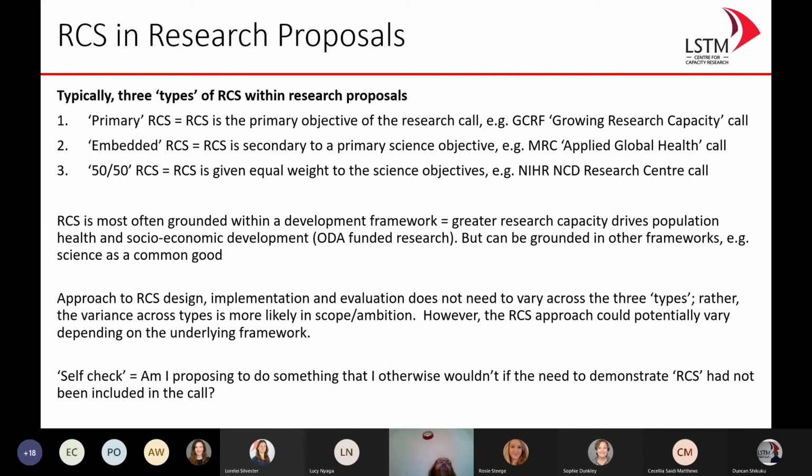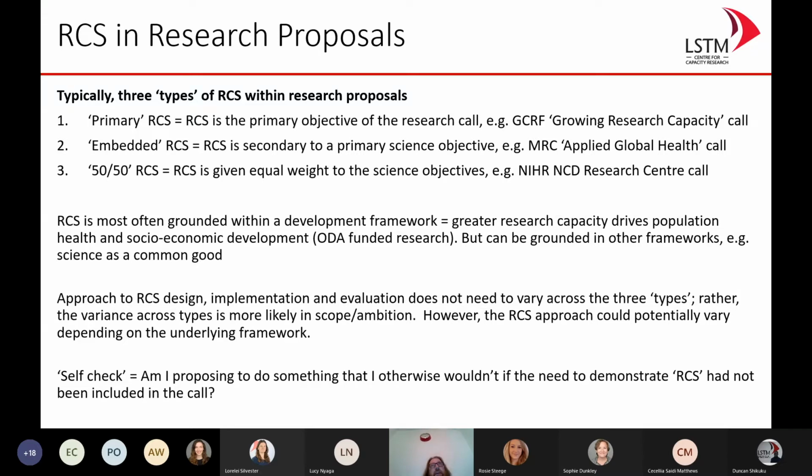And one thing I often consider, and this is perhaps a little bit the cynic in me, is when preparing a research proposal where you need to demonstrate RCS is included, and this is most commonly in an embedded model, something that you can ask yourself as a form of self-check is, am I proposing to do something that I otherwise wouldn't have if the need to demonstrate RCS had not been included in the call?